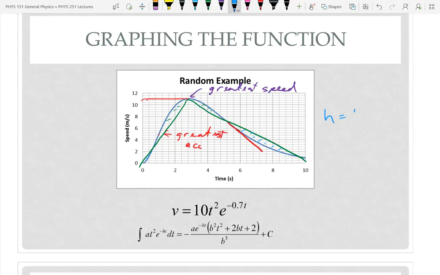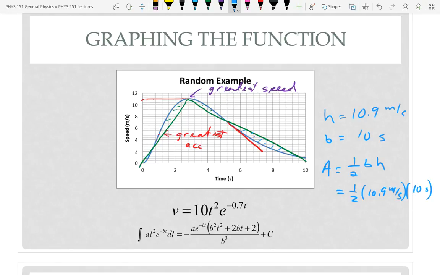So if the height is 10.9 meters per second, and the base is 10 seconds, then what's the area? 1/2 base times height, which would be 1/2 of 10.9 meters per second times, oh, that's seconds, not meters, times 10 seconds.